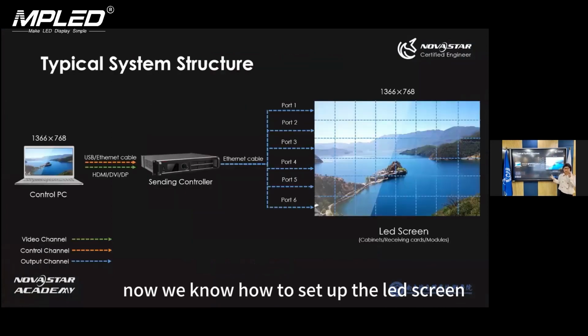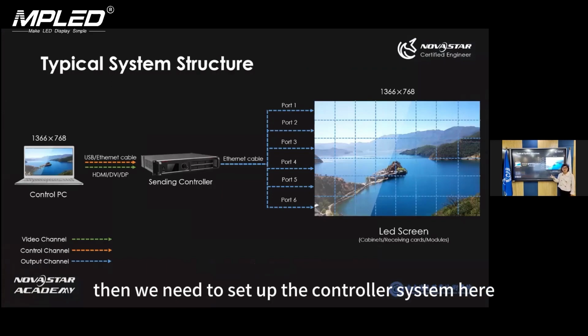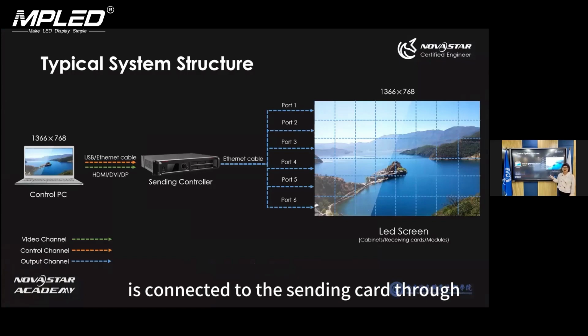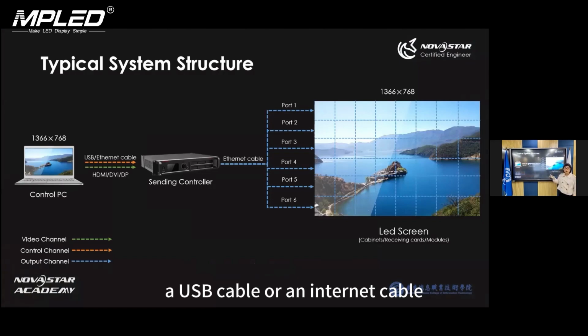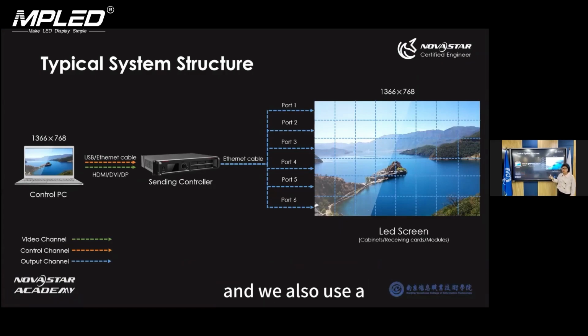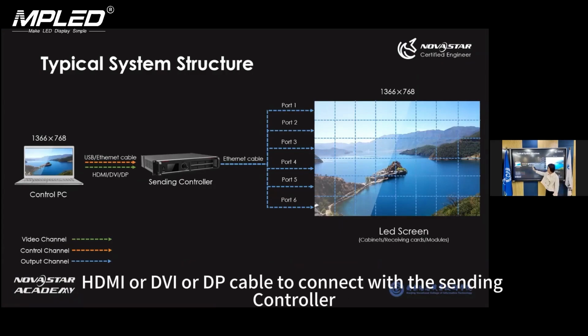Now, we know how to set up the LED screen. If we want to show an image on the screen, then we need to set up the control system. Here, we can see the control computer is connected to the sending controller through a USB cable or an Ethernet cable. Then we can send control commands to the sending controller. And we also use an HDMI, DVI, or DP cable to connect with the sending controller.